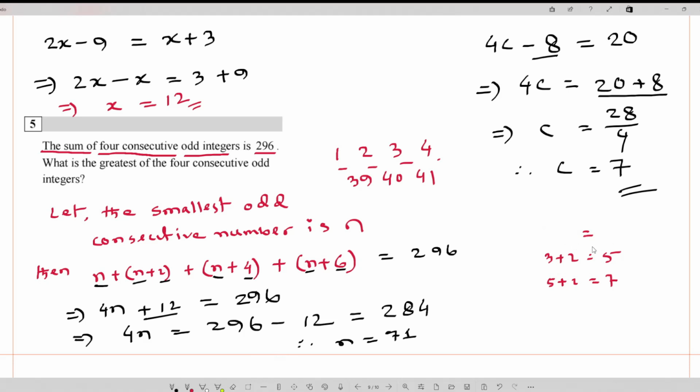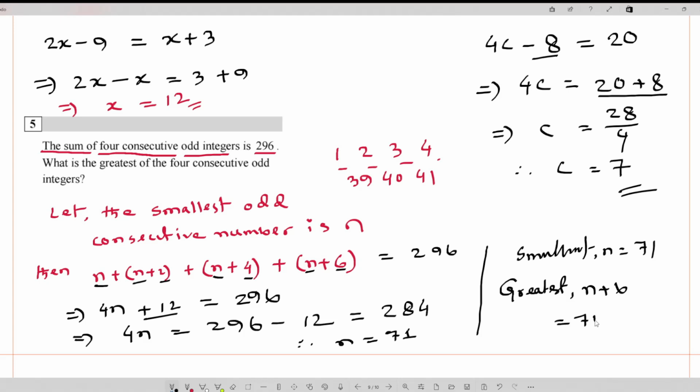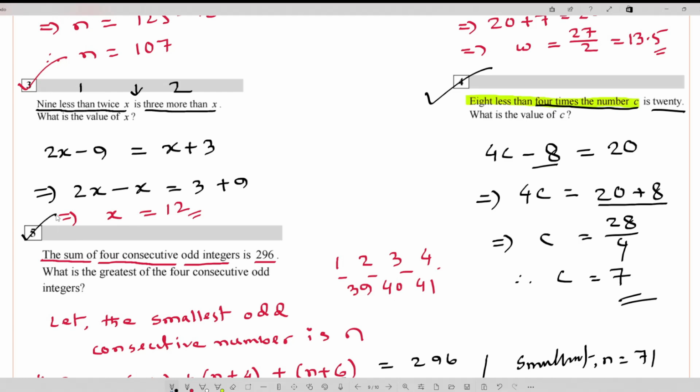Our question was, what is the greatest of the 4 consecutive odd numbers? Look, if the smallest n equals 71, the greatest is n plus 6, which is 71 plus 6, which is 77. Okay, clear? So we already completed 1 to 5.